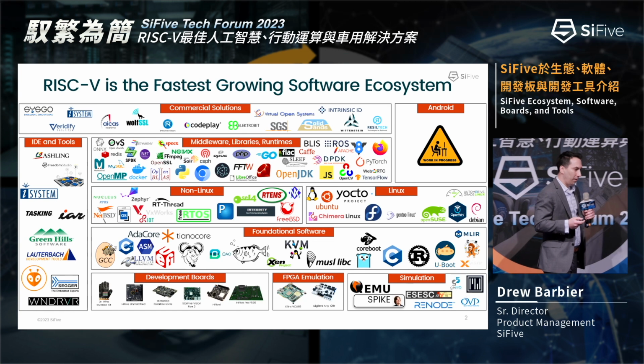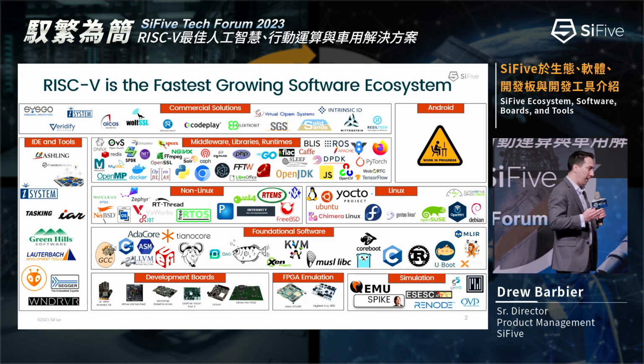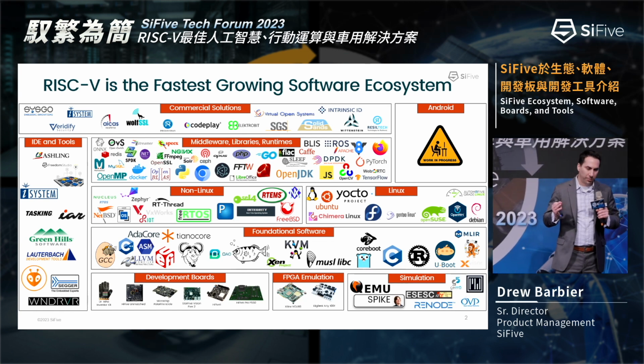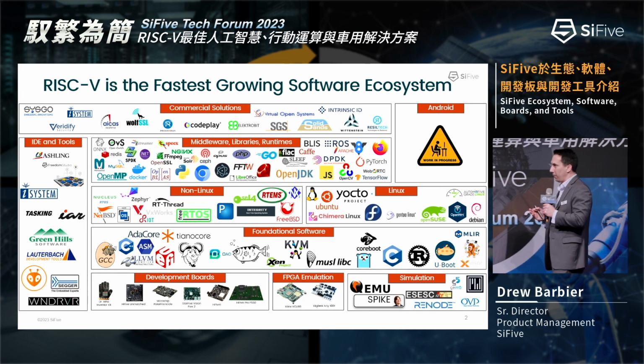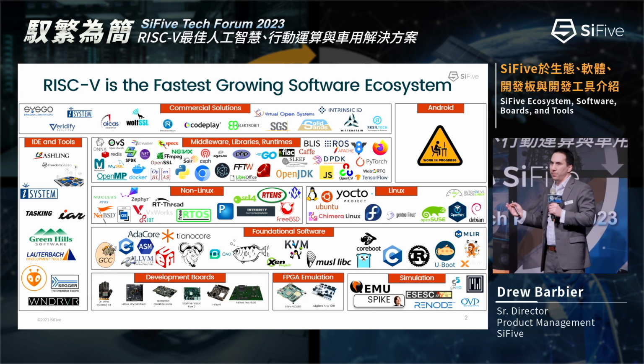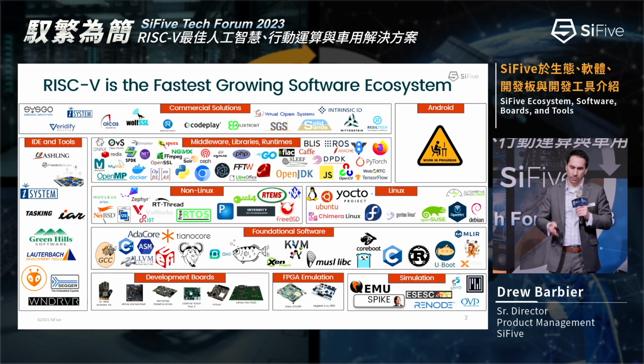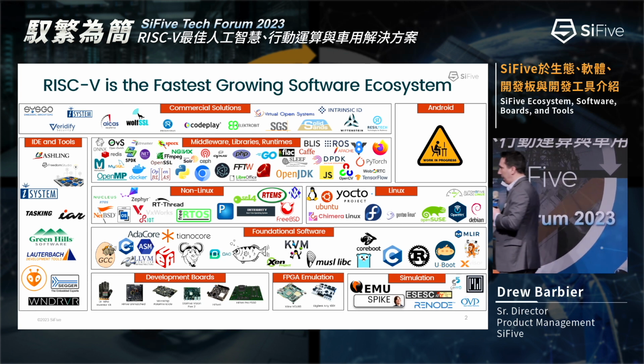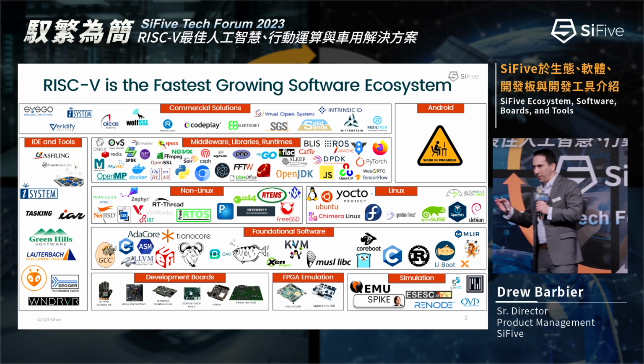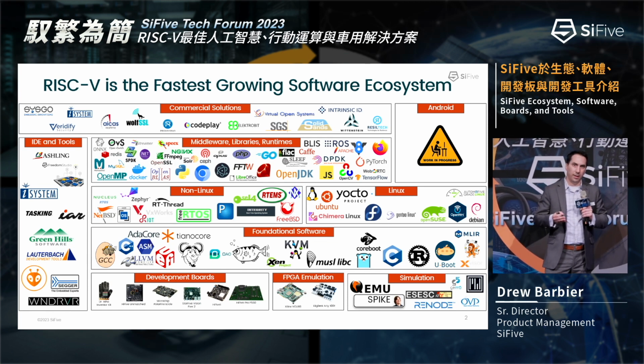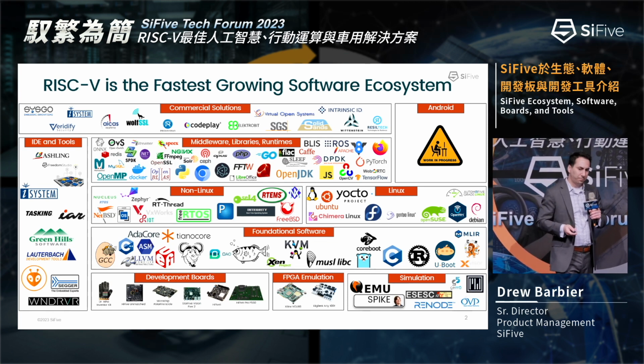One thing to understand is the ecosystem in RISC-V is very large, but often for a given application, you don't need the whole ecosystem. You need a particular vertical or slice of that ecosystem. And oftentimes, the delta between what's needed and what's there is not as large as you might think.